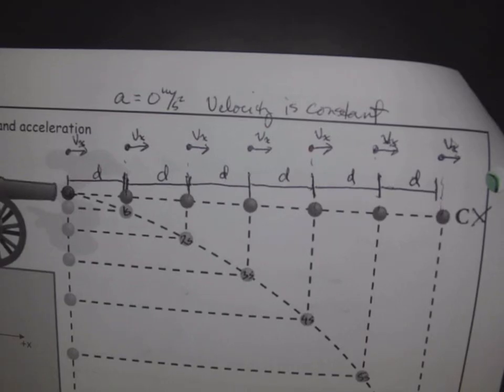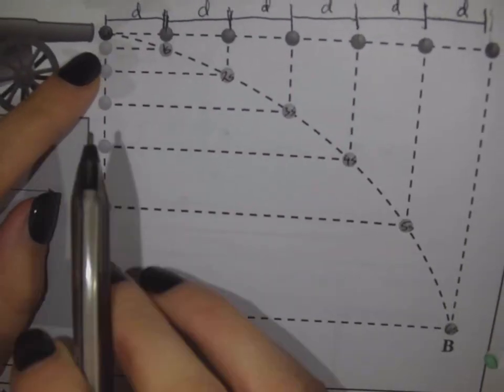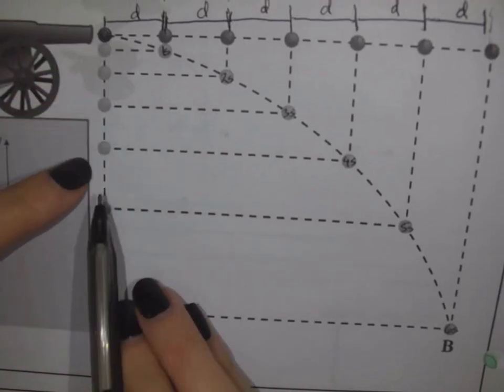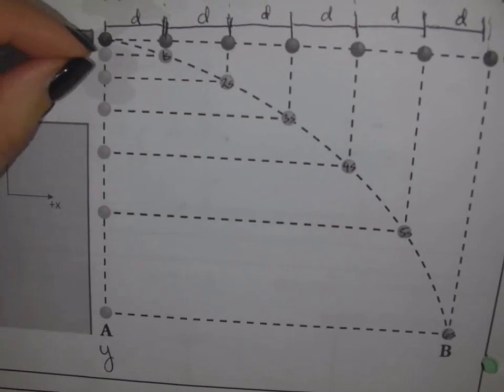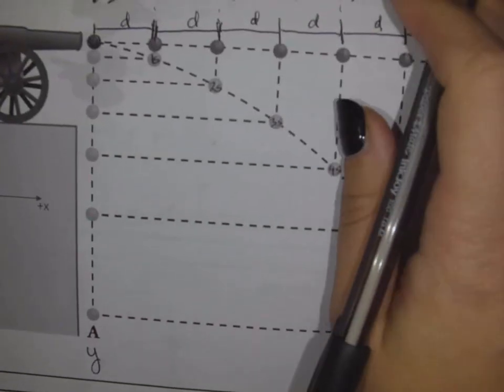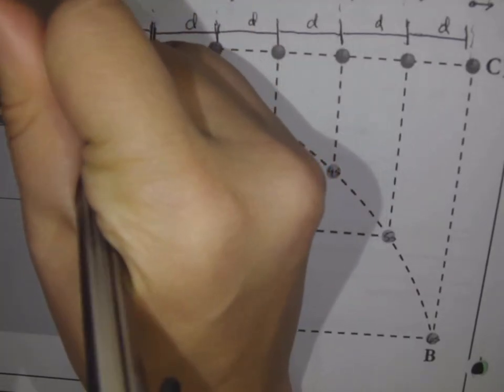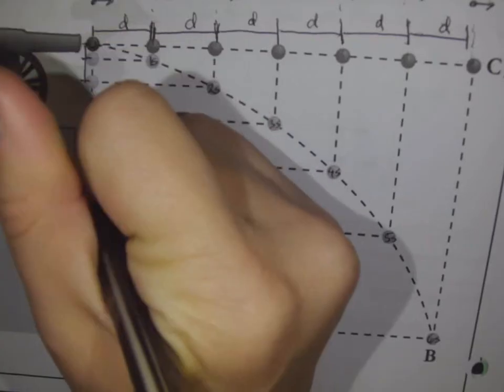Okay? Now let's talk about the y direction. So here is how far we've traveled in the y direction after 1 second, after 2 seconds, 3 seconds, 4 seconds, 5 seconds, and 6 seconds. What's happening? Is the distance between these staying exactly the same? Distance was this much, and it became this much.